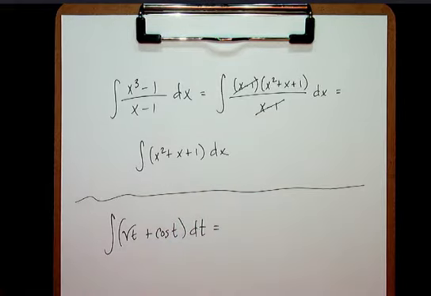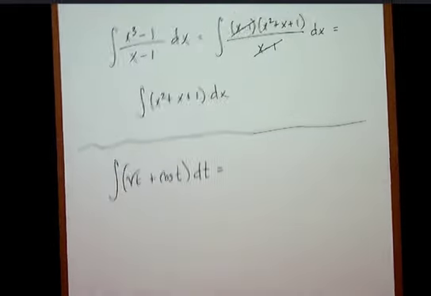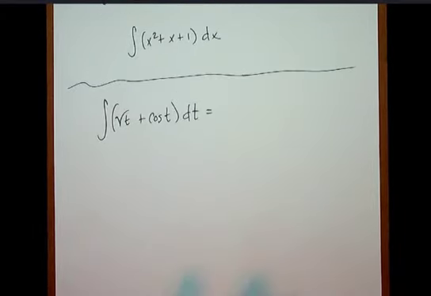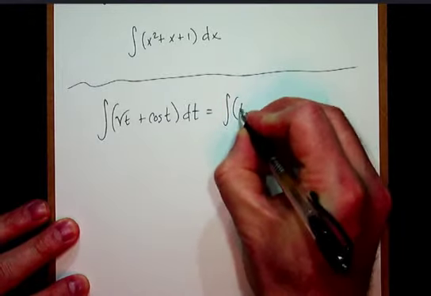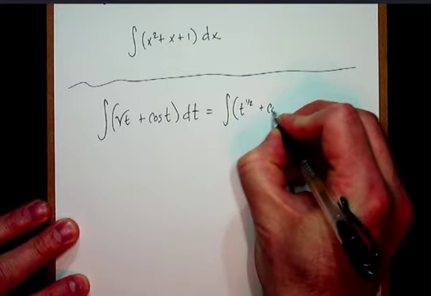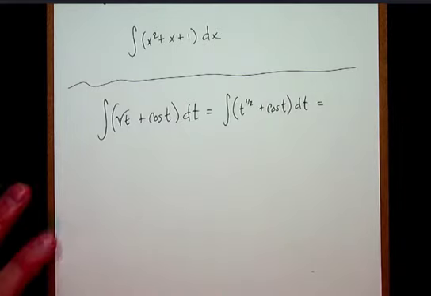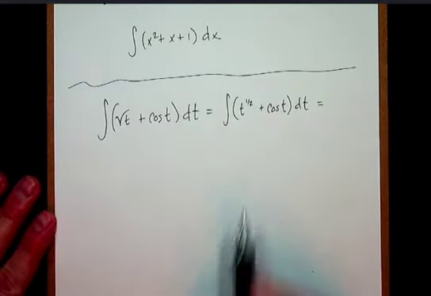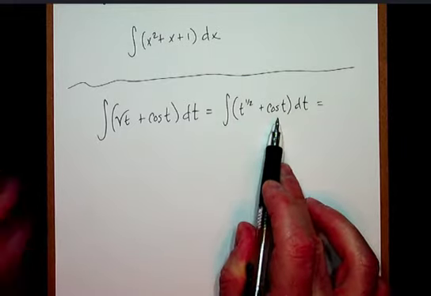Okay, now we have the integral of root t plus cosine t dt. Now, this is term by term, okay? You actually can do this term by term. The only thing that might actually be beneficial is to explicitly turn this radical into a fractional exponent. And having done that, you recognize that this is just going to be power rule for this term, and of course trig for this term.